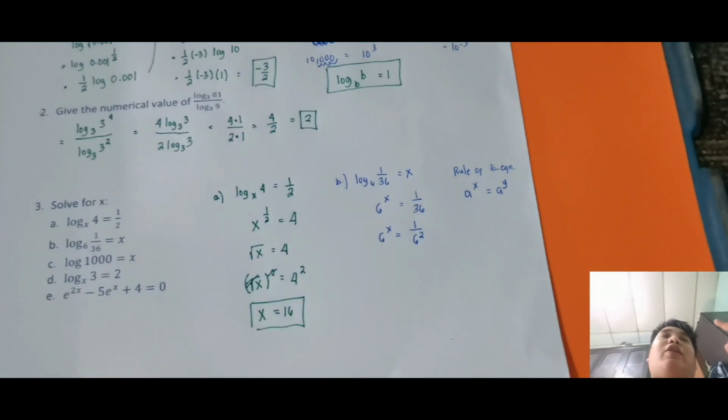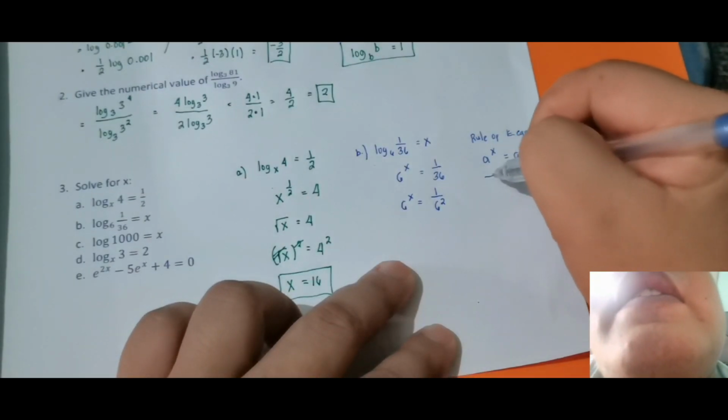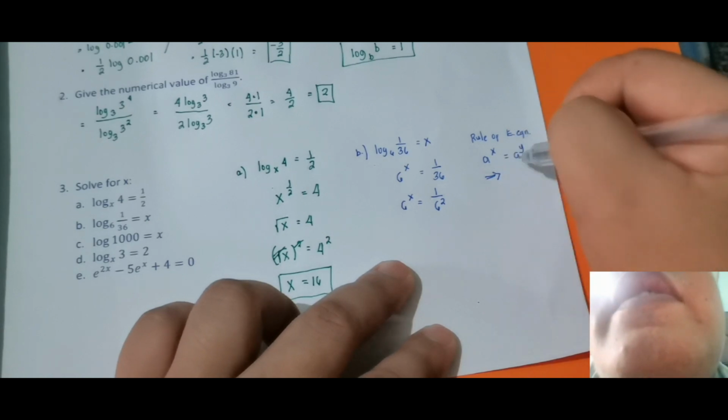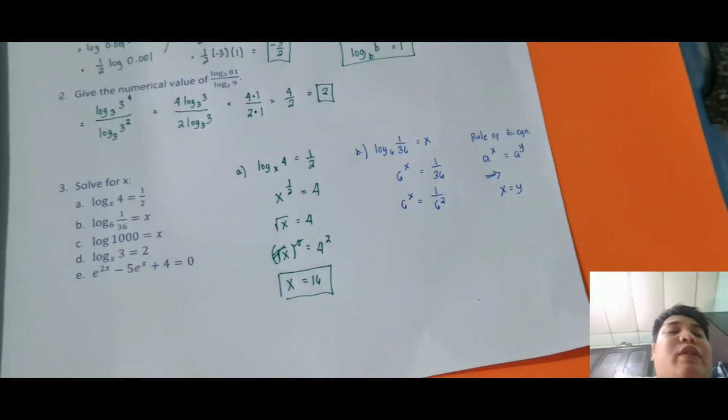Pag meron akong equation na kung saan parehas silang naka-exponential, okay? So exponential sila in form, tapos parehas ng base. So ano yung base na tinutukoy ko? Yung a. So this implies that x is equal to y. So ganun kasimple. Pag nakita mo na parehas ng base, yung exponent equate mo na.